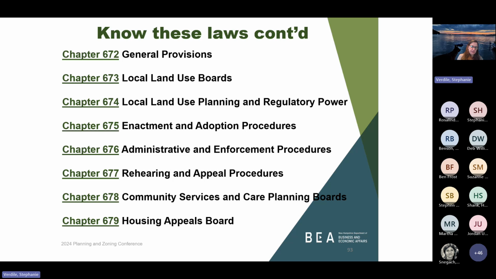I can get an answer to that later because I think 672 does talk about how many members there are. So let me check on the break for that, and I can get back to you on that. So I can cite the RSA.